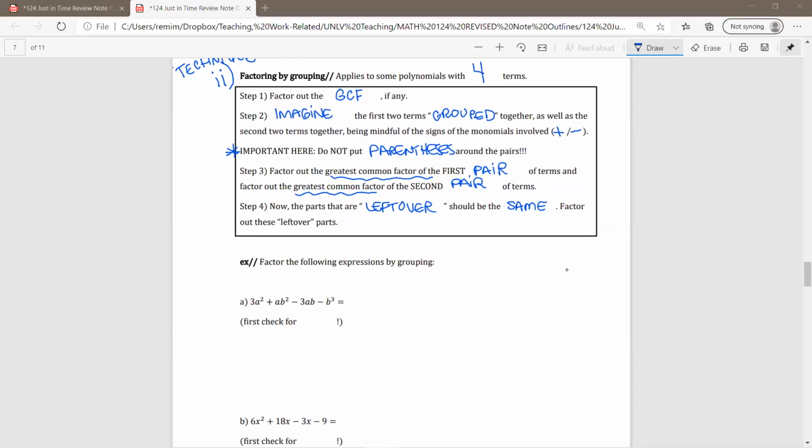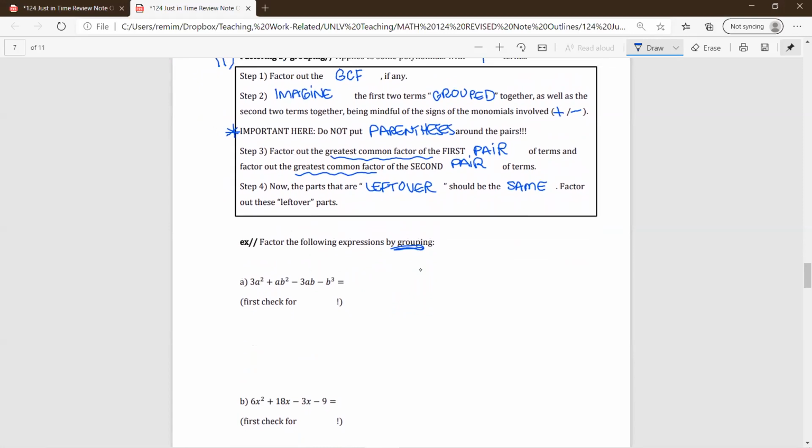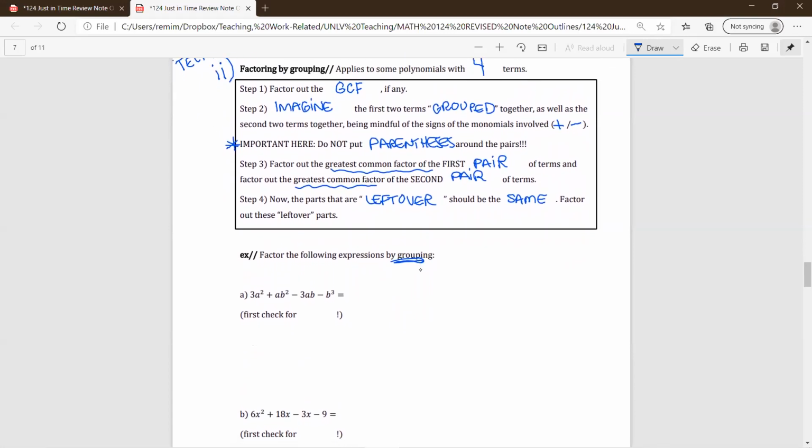So this example down here, factor the following expressions by grouping. So part A, when I read this, it says 3a squared plus ab squared minus 3ab minus b cubed. The first thing I'm asking myself is, how many terms are there? Well, we got 1, 2, 3, 4 terms.